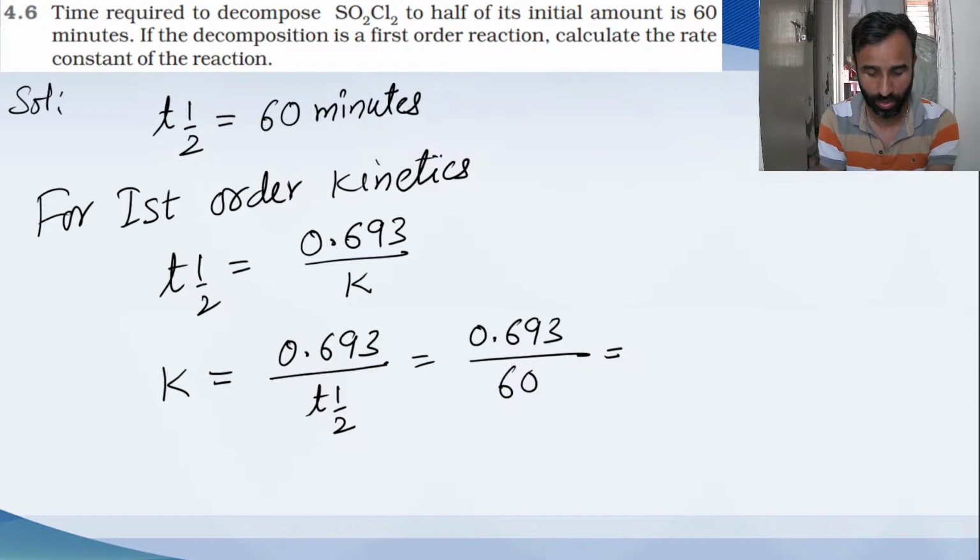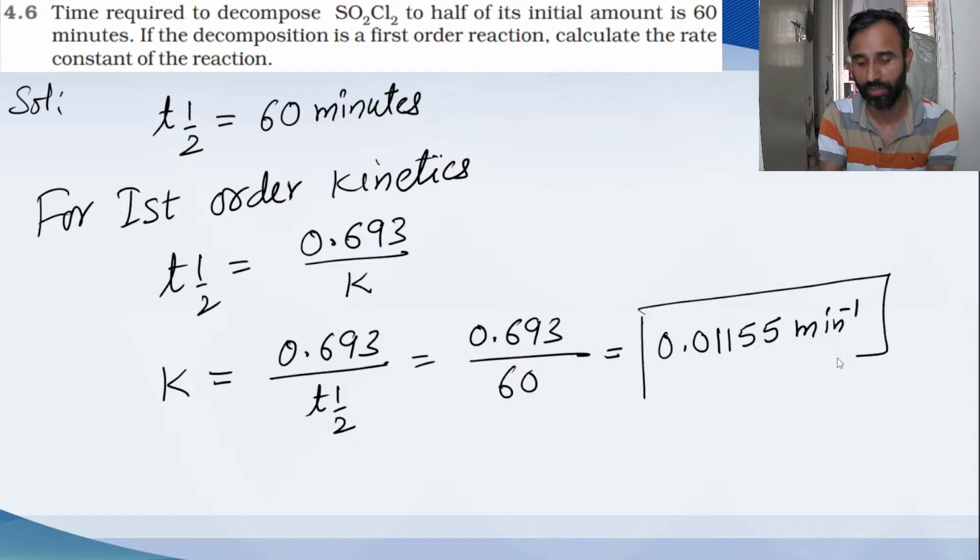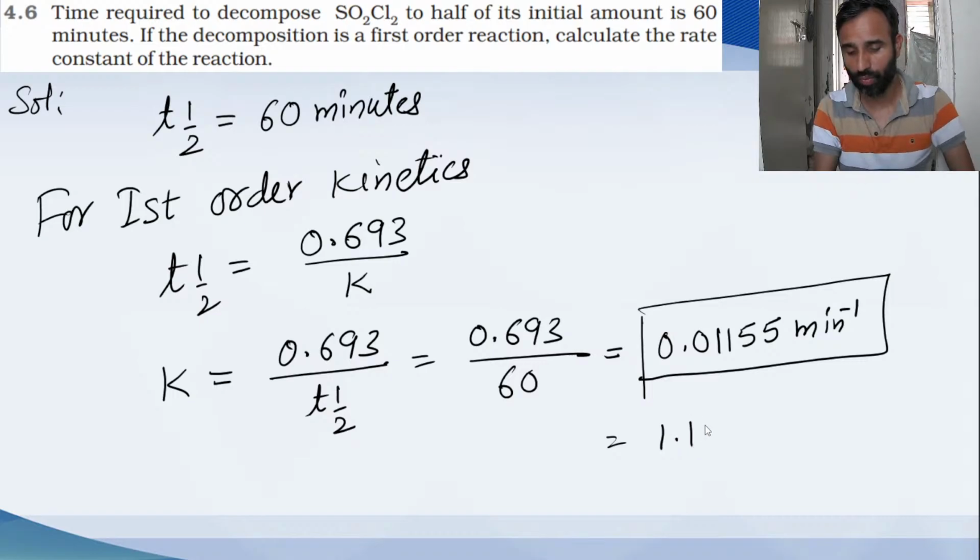It comes out to be 0.01155 per minute, or we can write it as 1.155 into 10 raised to power minus 2 per minute.